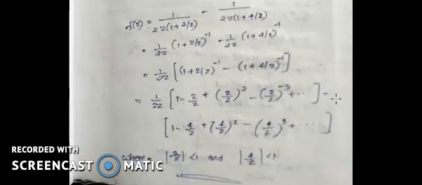Second term also, minus is common outside, so within bracket just expand 1 minus 4 by z, then plus (4 by z) the whole square, then minus (4 by z) the whole cube, plus etc. And the condition here, you see this particular term, modulus 2 by z should be less than 1. Also modulus 4 by z will be less than 1. So this gives the solution.